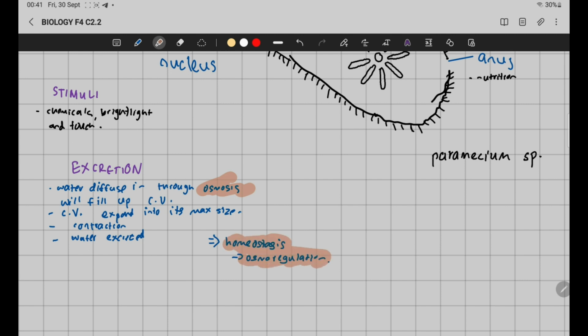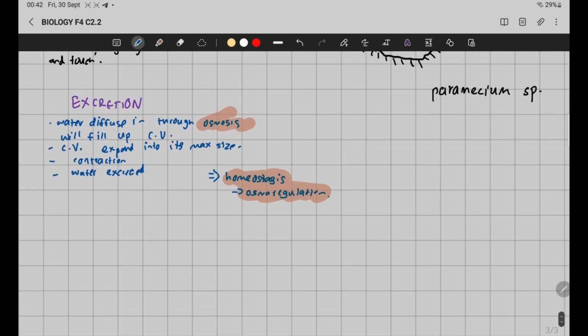It's just a term which simplifies everything, but from the term, we are able to describe what actually occurs in that process. And then again, the CO2 and ammonia will diffuse through simple diffusion.